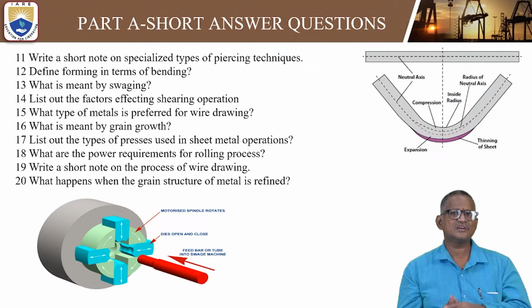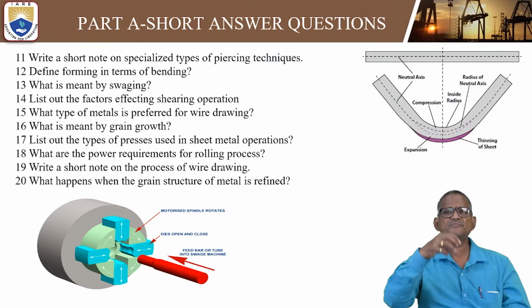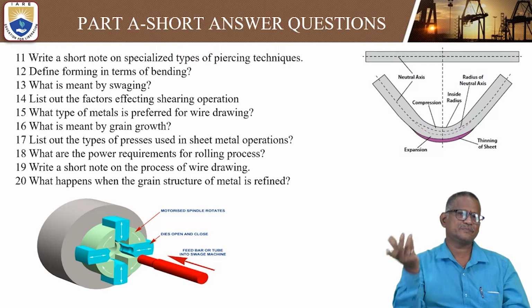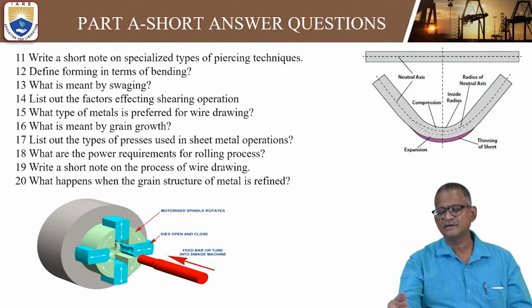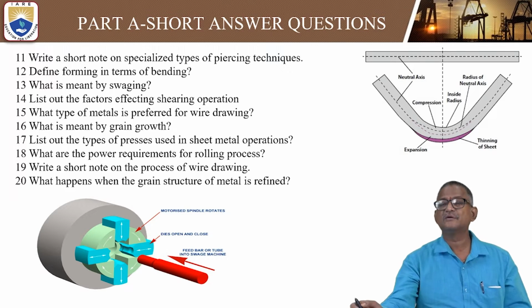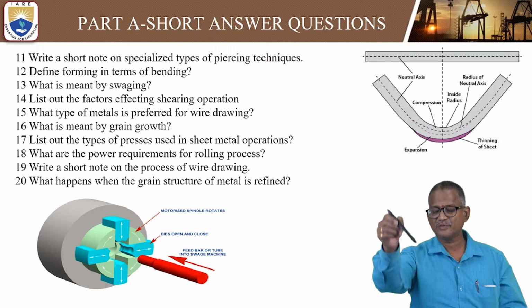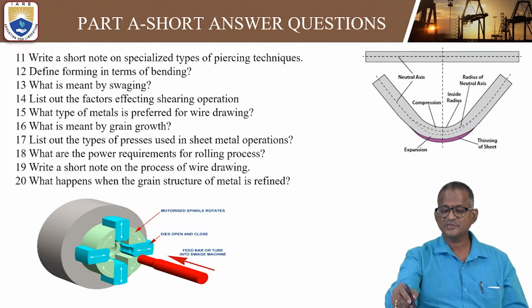Write a short note on specialized types of piercing techniques. Piercing means making holes, punching or piercing. And define forming in terms of bending. Look at the bending: there is a blank sheet, and when you apply force, it may bend.